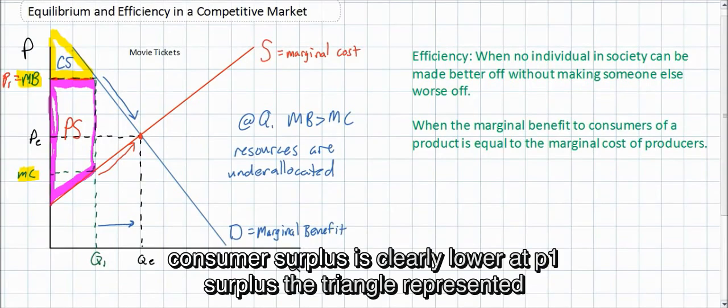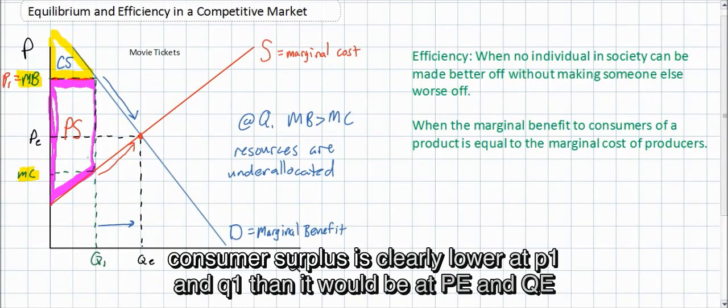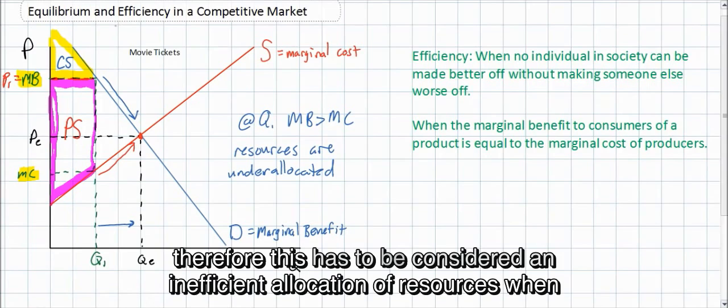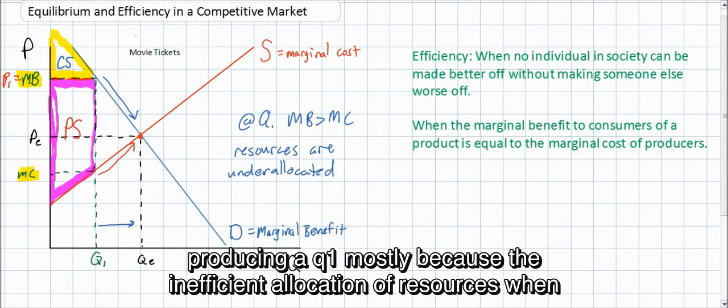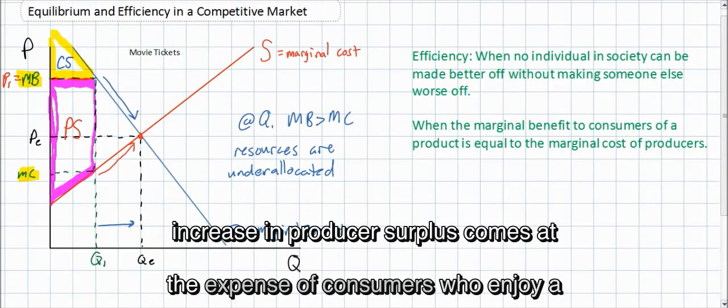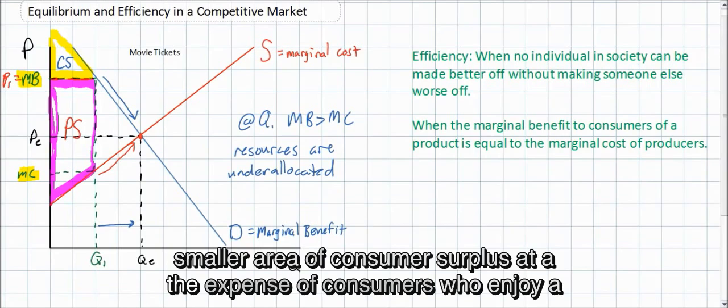The triangle representing consumer surplus is clearly lower at P1 and Q1 than it would be at PE and QE. Therefore, this has to be considered an inefficient allocation of resources when producing a Q1, mostly because the increase in producer surplus comes at the expense of consumers who enjoy a smaller area of consumer surplus.